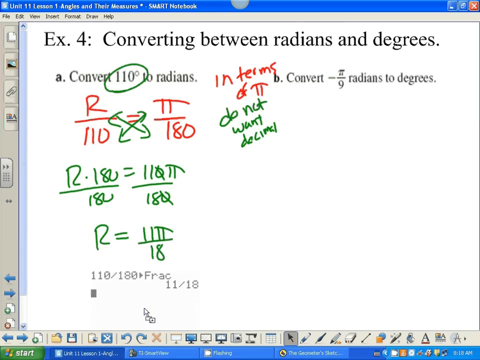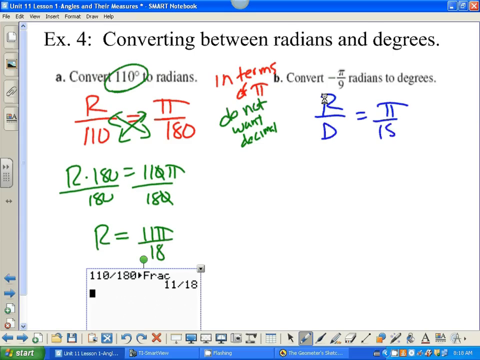All right, now for part B, let's convert negative pi over 9 radians to degrees. Again, I start out: radians over degrees is equal to pi over 180. And if you don't remember the pi over 180, then make it 2 pi over 360. In this case, they gave me the radian, so I'm going to fill in negative pi over 9, and I'm going to cross multiply. This looks like it's going to be ugly, but have some faith in me, it's going to be okay.